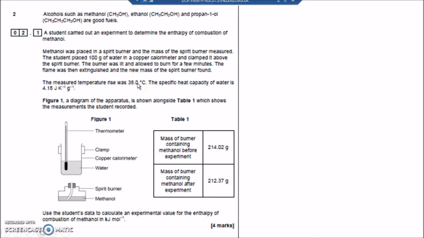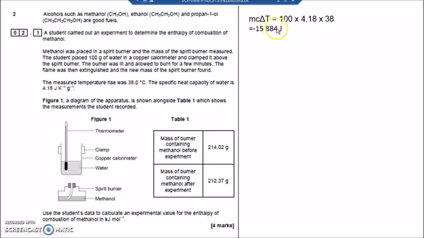So my first thing that I've got to work out is Q equals MC delta T. 100 multiplied by 4.18 times 38 is 15,884. I can put a minus in front of it because it's exothermic, so minus 15,884 joules of energy are given out.